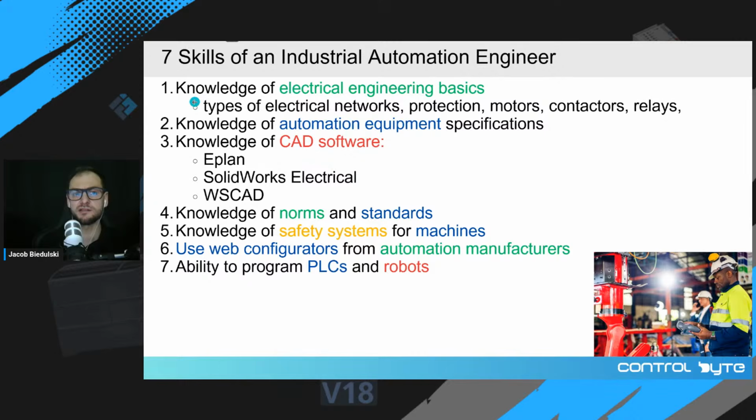So the basics are the knowledge of electrical engineering, types of electrical networks, protection, motors, contactors, relays, knowledge of automation equipment specifications, knowledge of CAD software like EPLAN, SolidWorks Electrical, WSCAD, knowledge of standards like IEC, knowledge of safety systems for machine, use of web configurators for automation manufacturers, and ability to program PLC and robots. So we have created different courses, different types of training for you.